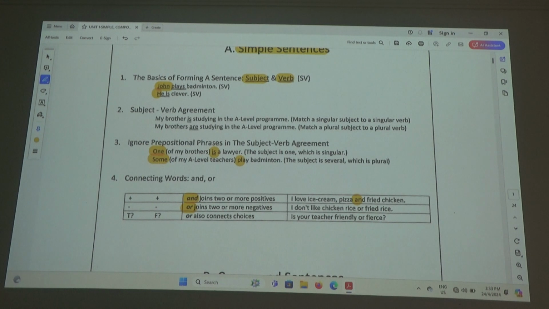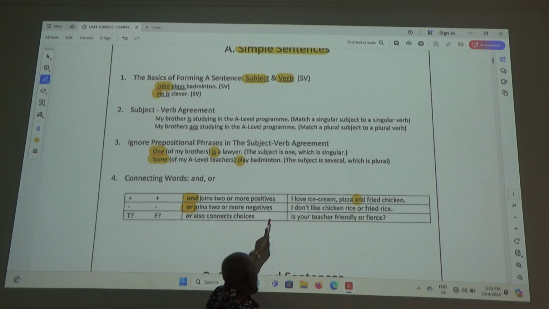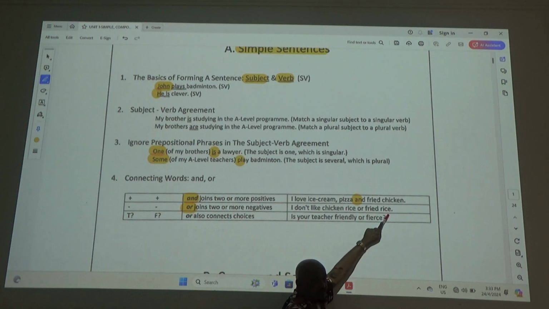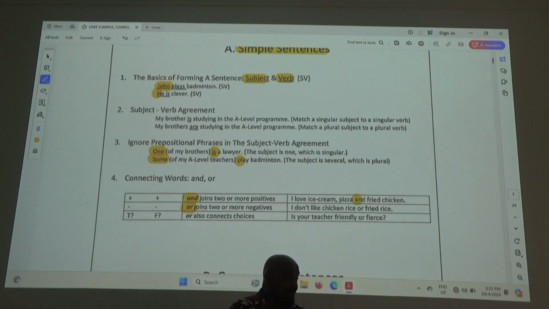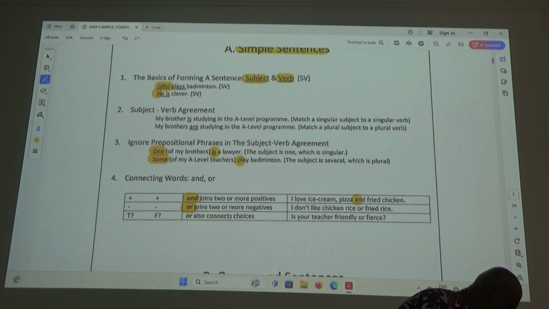So a lot of things are not proper in English, but the Americans have accepted. So like the way we speak here, I don't like chicken rice and fried rice. That could even be accepted American grammar. Is that okay? Alright? So that's why I don't want to be too strict.